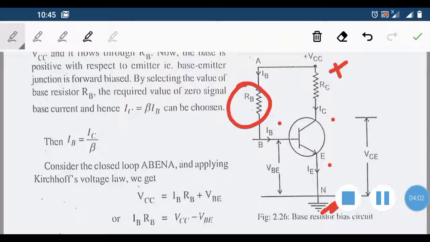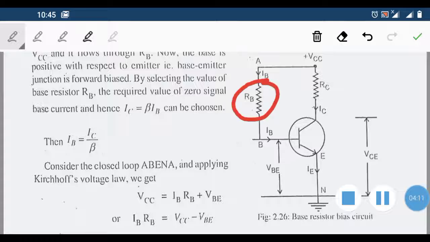Okay, now we can analyze the circuit. So here are the different voltages we have. This voltage you can mark as VB. Then there is a voltage between the base and emitter terminals of the transistor, that you can mark as VBE. Then there is a voltage between collector and emitter, and that is termed VCE.